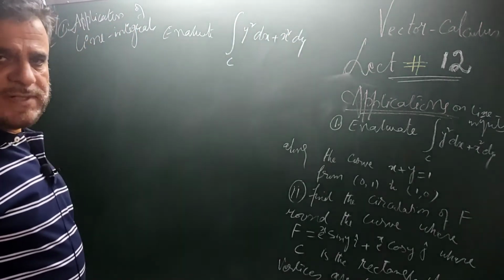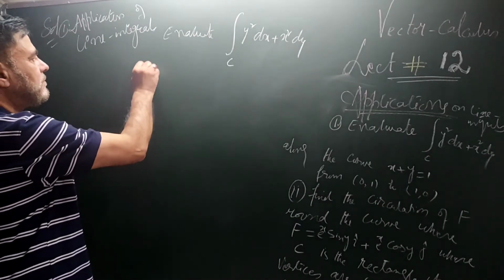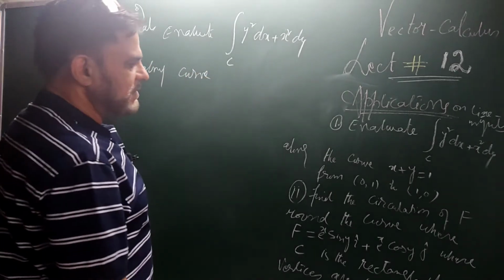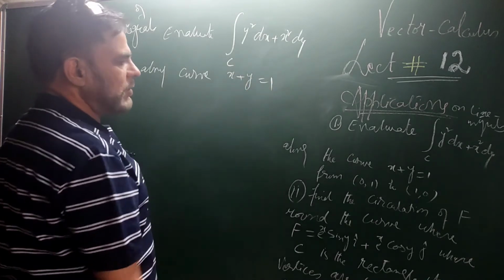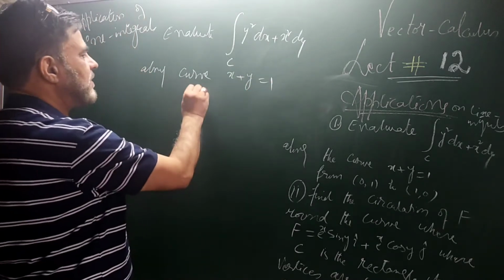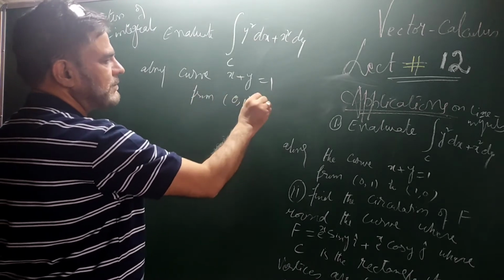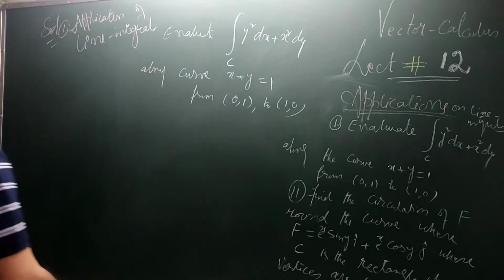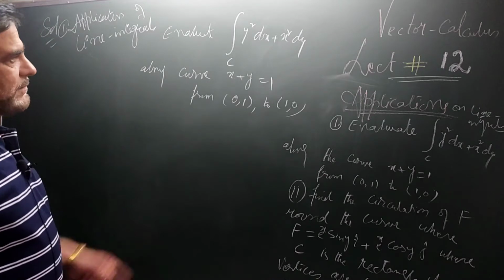We have to evaluate this line integral along the curve x plus y equal to 1, from point 0 1 to 1 0. This is the problem that you have to find.